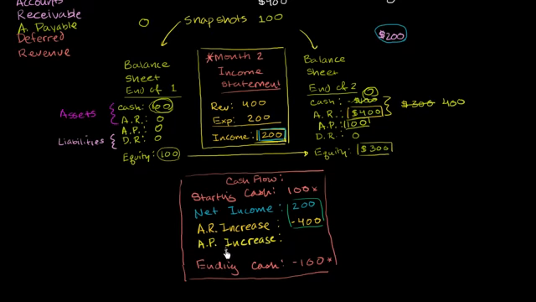By increasing the accounts payable, it's allowing us to not use all of our cash. So we have an accounts payable increase of 100. So this is a source of cash. Now the cash from operations, 200 net income minus 400 plus 100, this whole thing is now minus 100. Cash from operations. So you start with $100, you use 100, our ending cash is now 0.